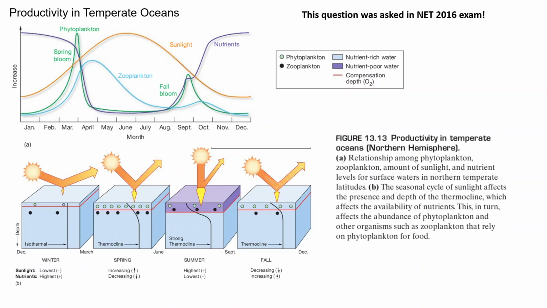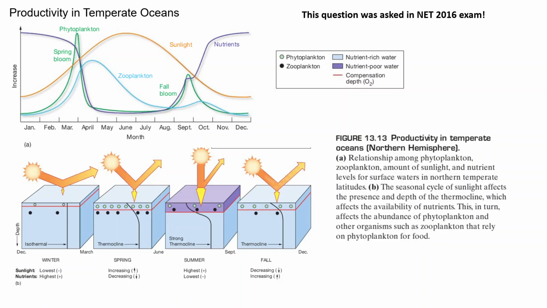Okay. If you look at the spring season, that is March to June, now the sunlight is not as slanting, it is penetrating a bit more. So there is now starting to be development of a thermocline.